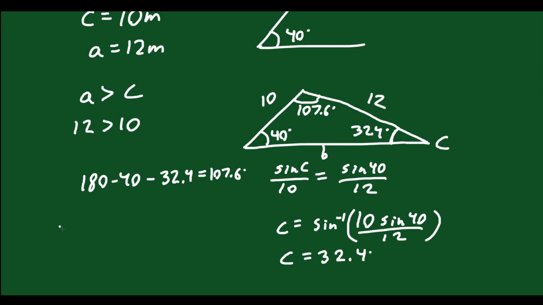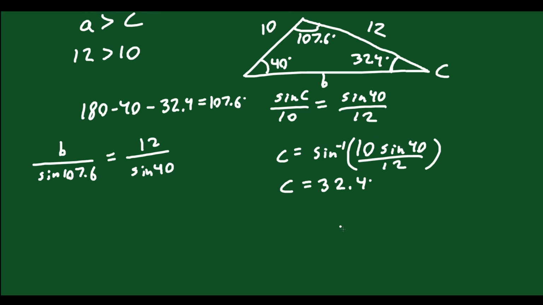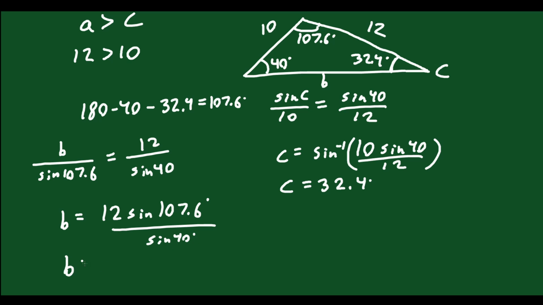So B over sine 107.6 is equal to 12 over sine 40. Okay, we solve for B. B is equal to 12 sine 107.6 degrees divided by sine 40 degrees. Therefore, B is equal to 17.8 meters.